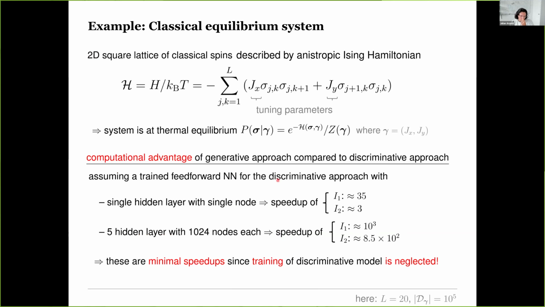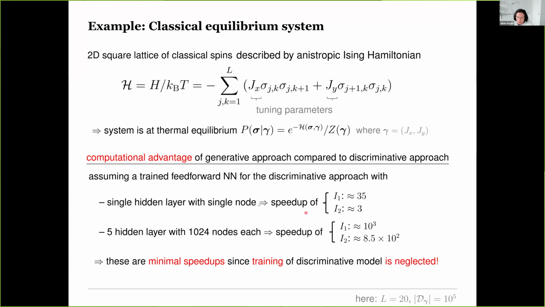So in terms of the computational advantage of the generative approach over the discriminative approach, let us assume that we have a trained feed-forward neural network for the discriminative approach. And let's just pick the neural network of a minimal size. So it just contains a single hidden layer and a single node.